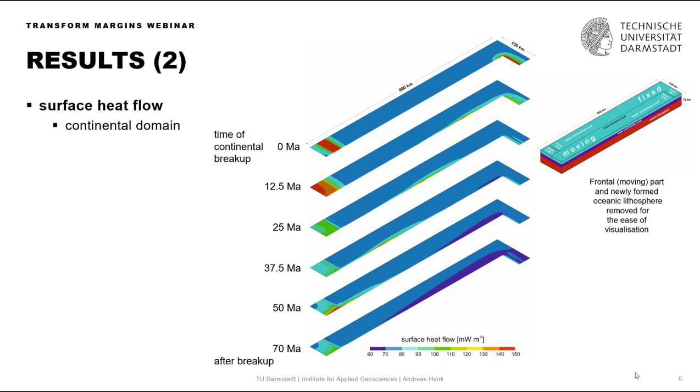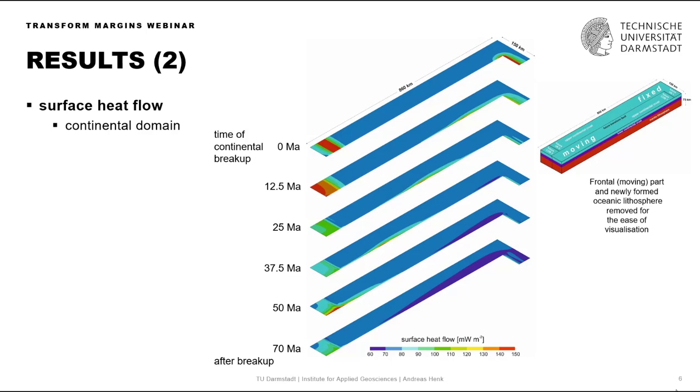Substantial increases in surface heat flow exceeding 80 milliwatt per square meter are counted in a 30 kilometer wide zone of the transform margin adjacent to the transform fault. And this heat flow normally travels with the migrating ridge, as can be shown here in the modeling results.